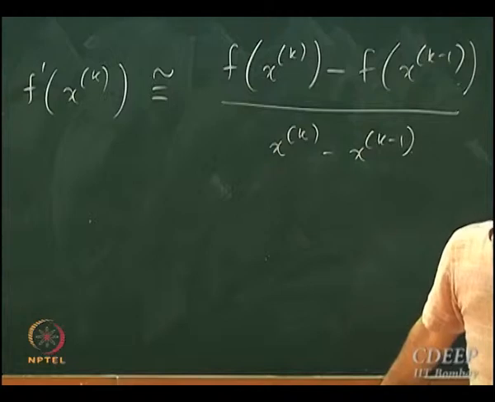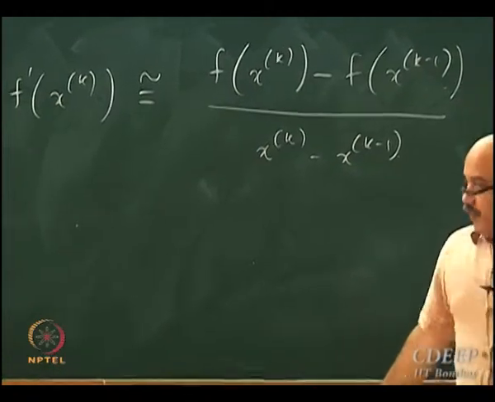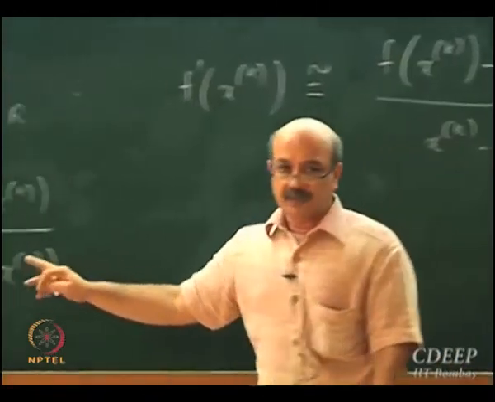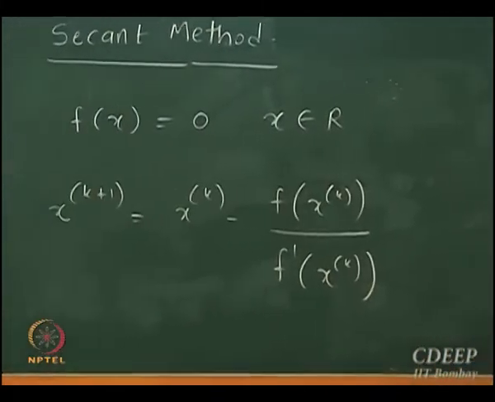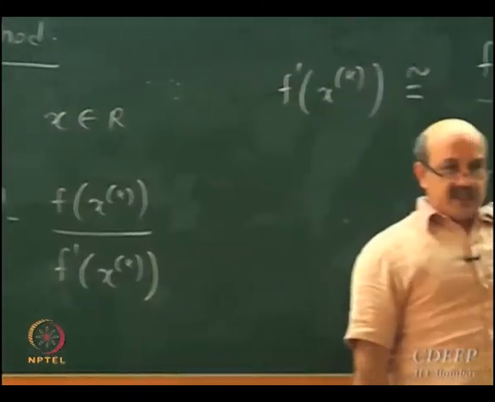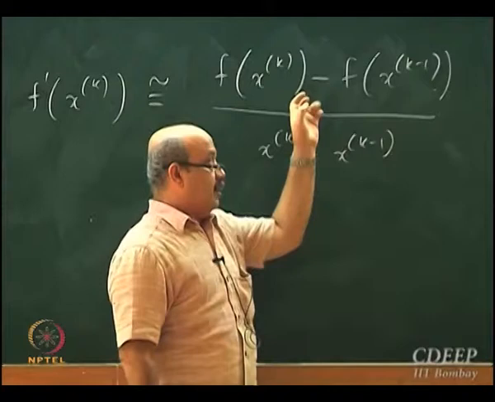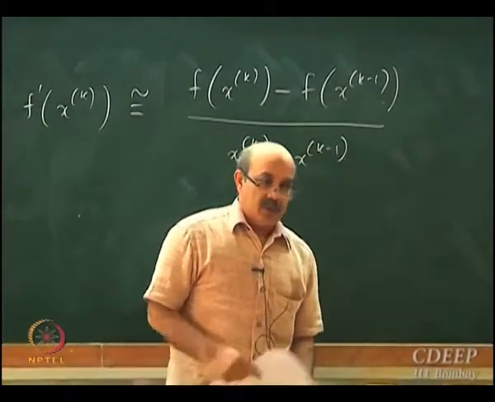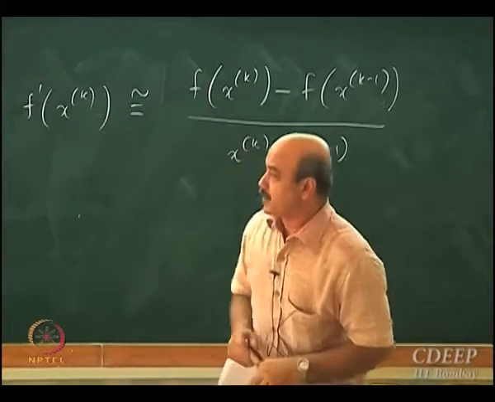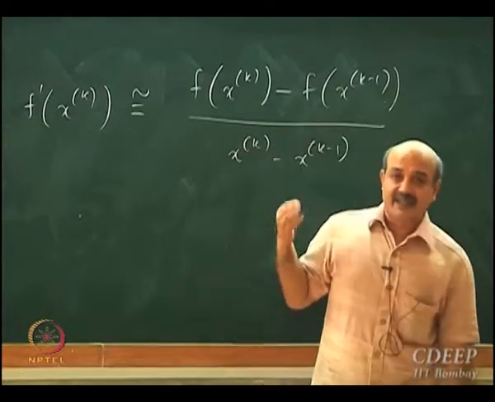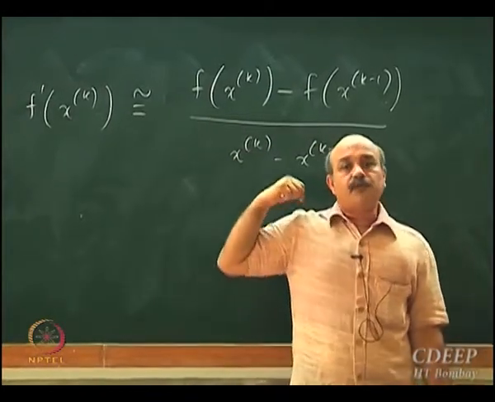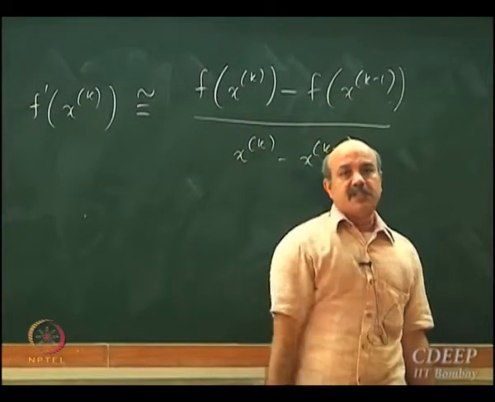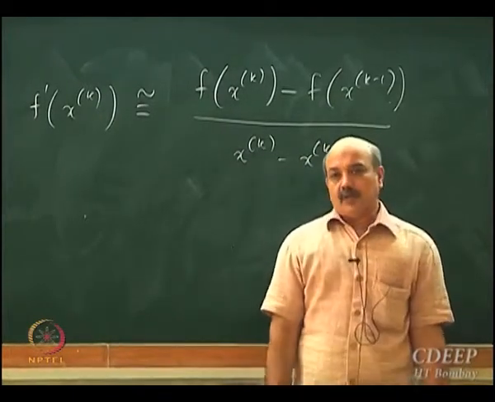Instead of using the exact derivative, you use the last two iterations, and then you find the next guess. So to kick off the secant method you need two initial guesses.